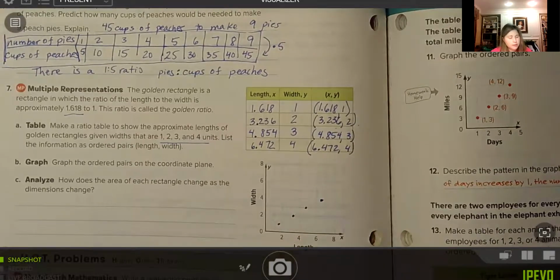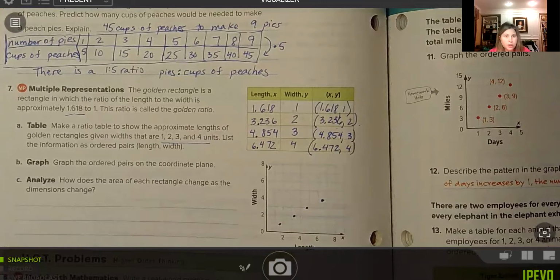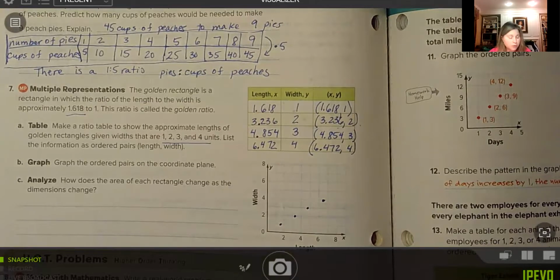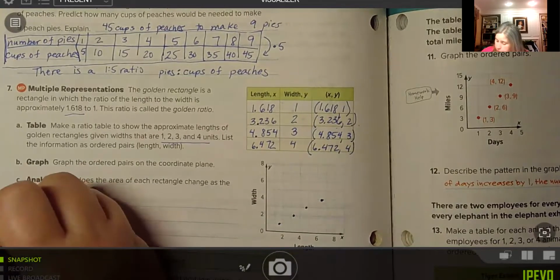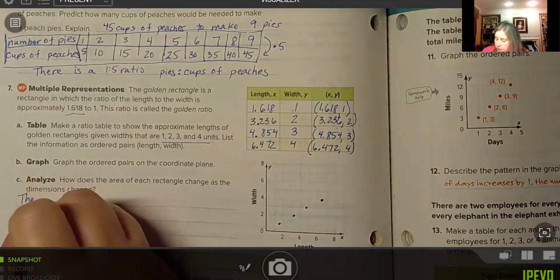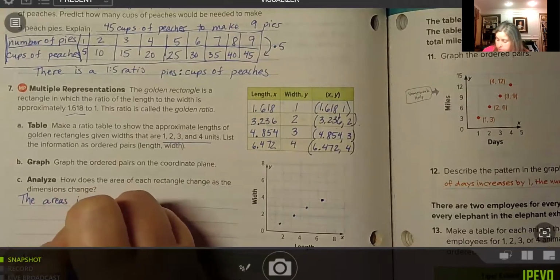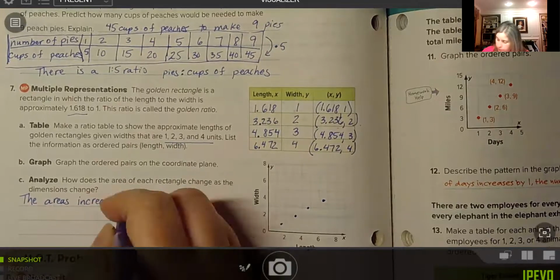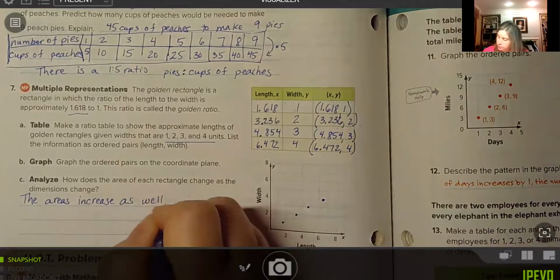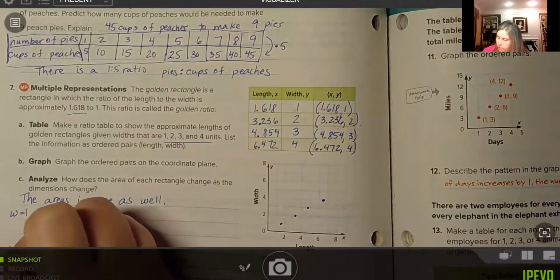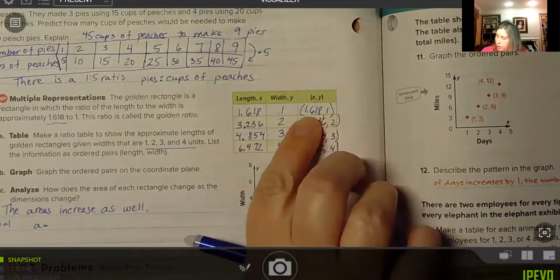Okay, and then part C, how does the area of each rectangle change as the dimensions change? So the areas increase as well. Okay, so when your width is 1, your area would be your length times width, so 1.618.